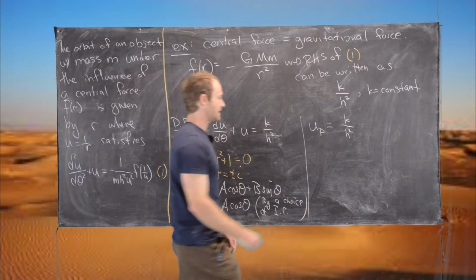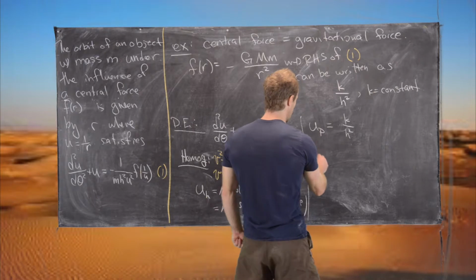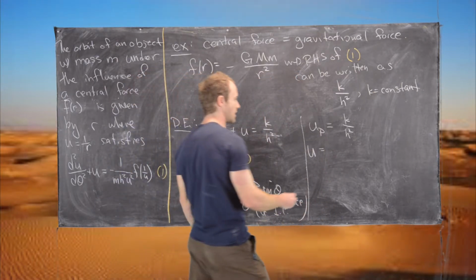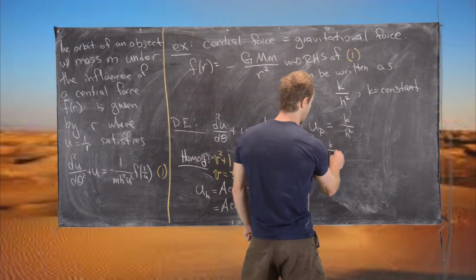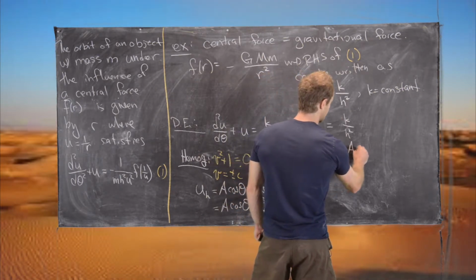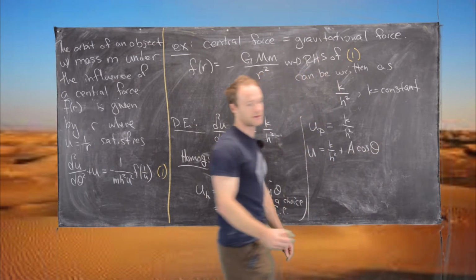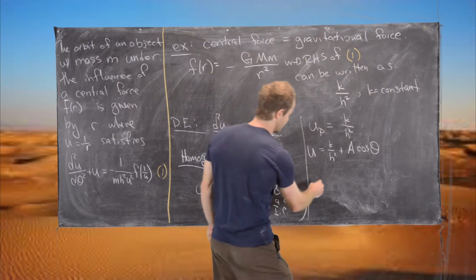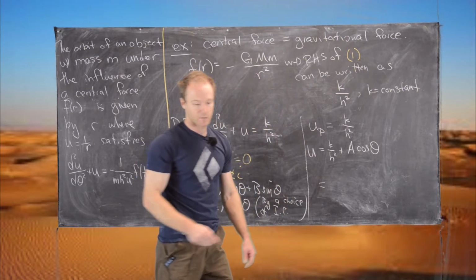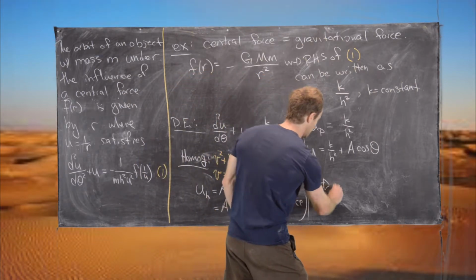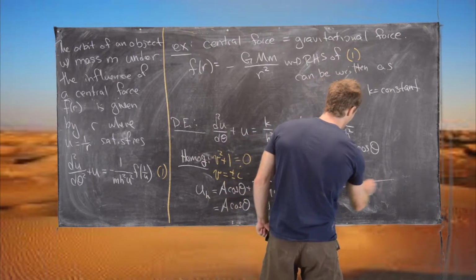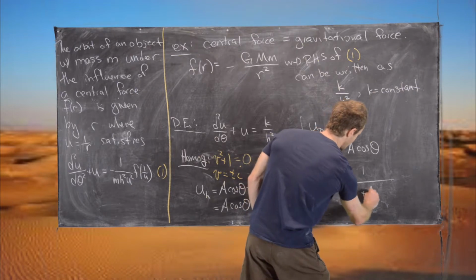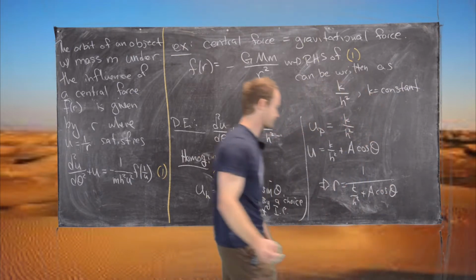And now the entire solution is given by the homogeneous part plus the particular part. So we can write that as k over h squared plus this constant A times cosine theta. Okay, good. That means r is equal to 1 over k over h squared plus A cosine theta.